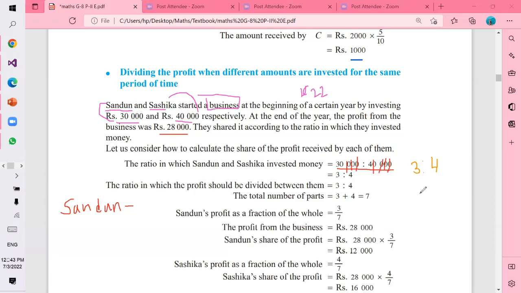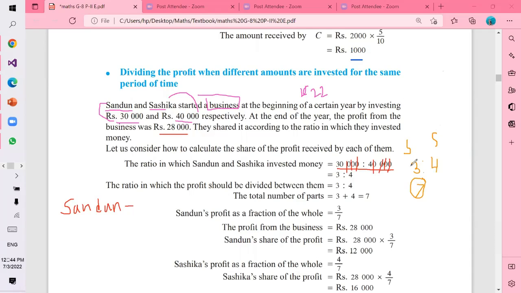Then we get the total number of parts. What is the total number of parts? 7. Now, what should we do? We should take Sandhu's profit as a fraction. Just remind yourself of the earlier one we did. How did we do that? This is Sandhu's part and this is Sashika's part.